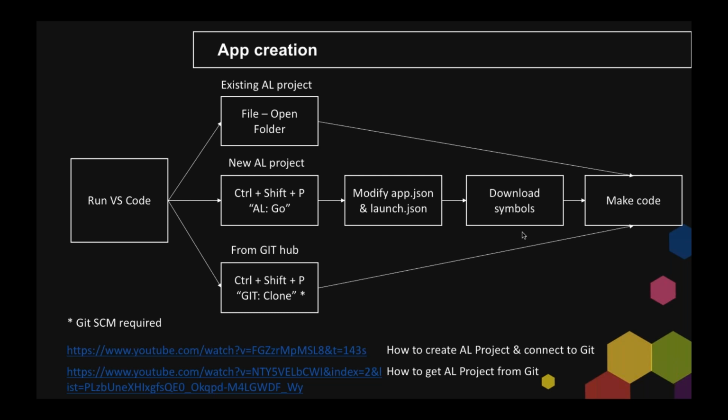So to create a project, as it is now in preview mode, we should create an Azure VM, a virtual machine from the Tenerife template. We run Visual Studio Code there, and we create a project. To create an app, we run Visual Studio Code.